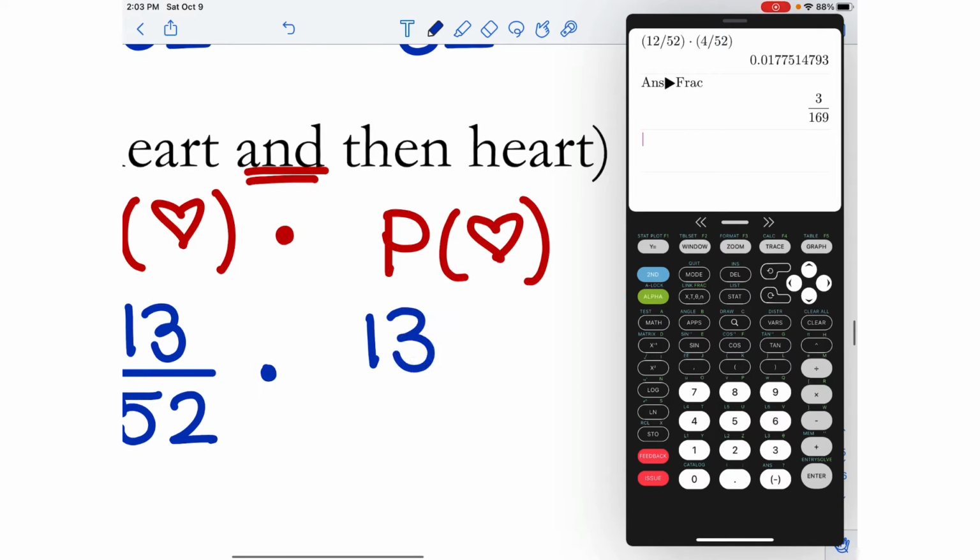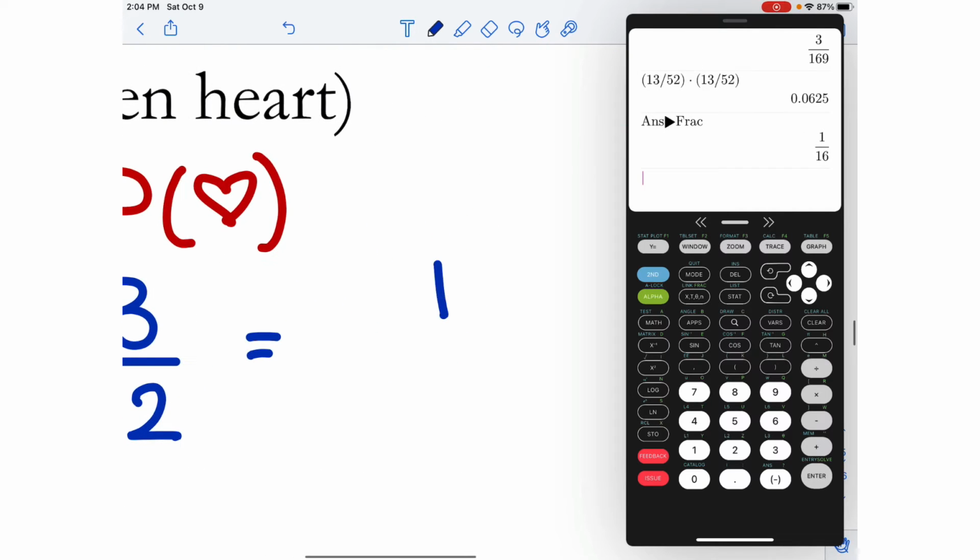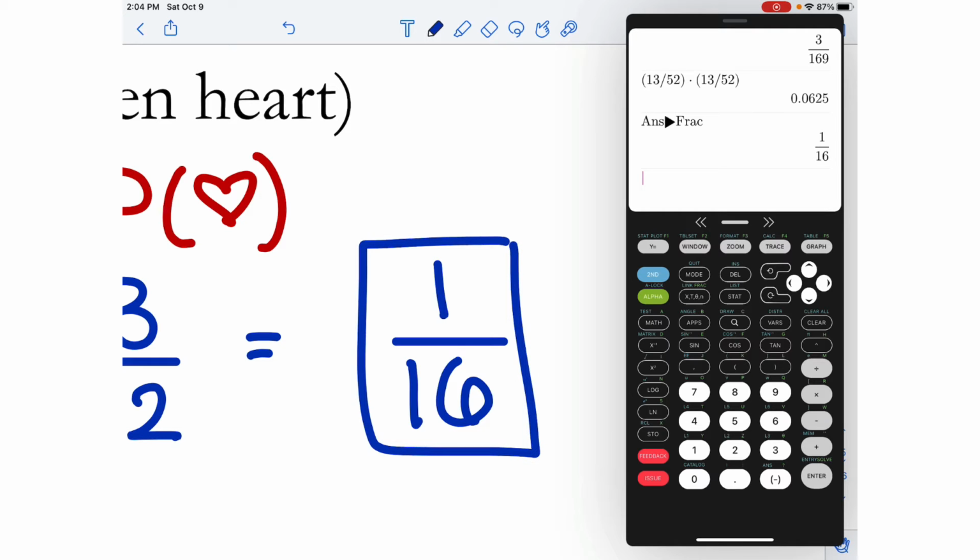And again, 13 out of 52. So you can see I'm typing it into my calculator. 13 out of 52 times 13 out of 52. And that is a 1/16 probability. About 6% chance, a little bit higher, that this occurs.